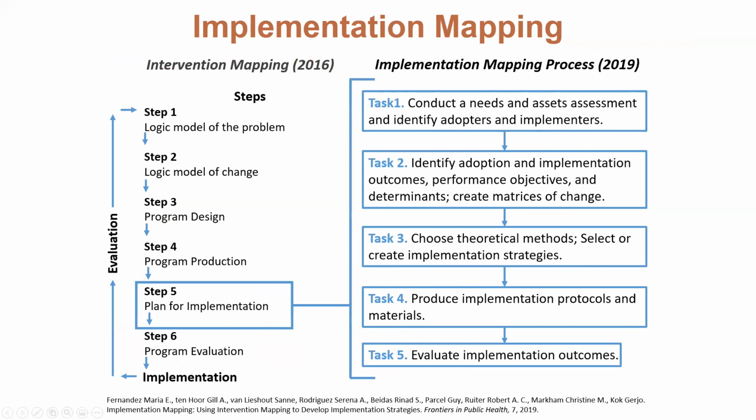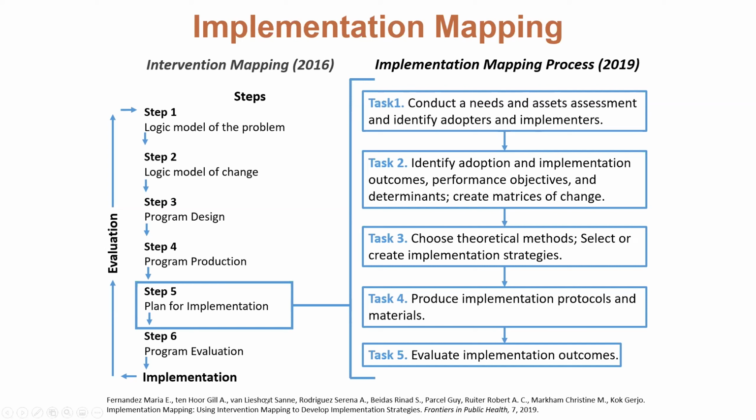And so, as I mentioned before, planning implementation was always a part of intervention mapping. It was step 5. When you're developing a multi-level intervention, you always have to plan for its implementation. However, I realized that the field of implementation science wasn't really familiar with this, and in fact was in great need of a systematic process for how you go from the identification of barriers and facilitators of implementation to actually developing, or selecting and tailoring, a strategy.